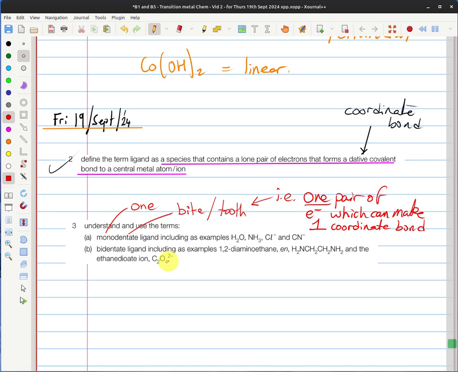So examples of a monodentate ligand are given here. Water. Even though water has got two lone pairs of electrons on it, it's still just a monodentate ligand because it will only use one of them to bond to a metal cation.